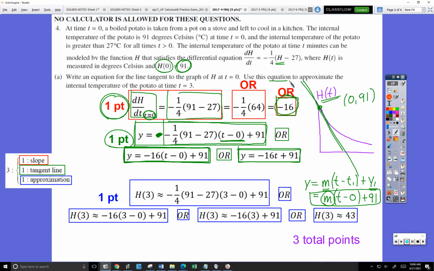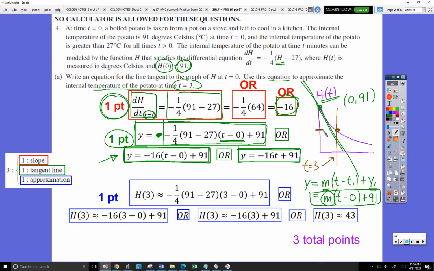Use this equation, so this one right here, to approximate the internal temperature of the potato at time equal 3. So we're basically assuming that we can move over here, and we'll just pretend that right there is time equal 3. So we're trying to find the internal temperature of the potato, which would be this y coordinate here.